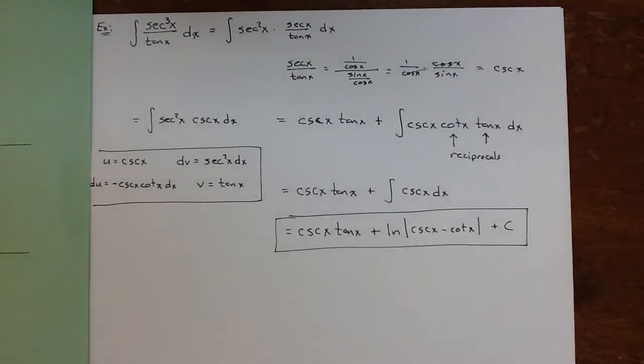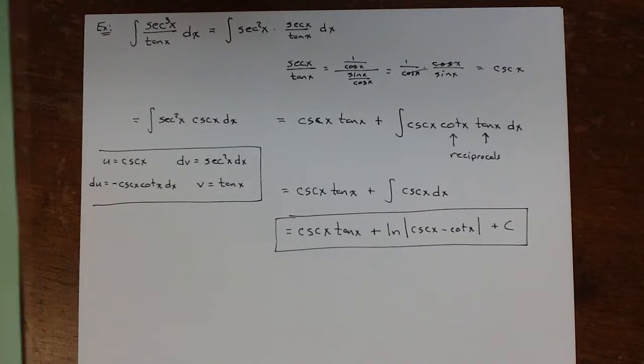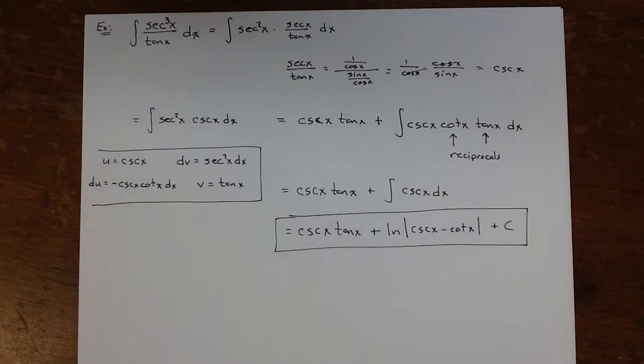Now, I got this problem out of a different textbook, and when I did this, I checked my answer to see if it was right, and the answer that they had in the back looked different.